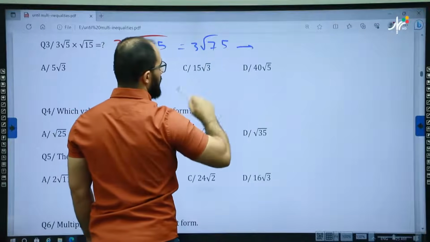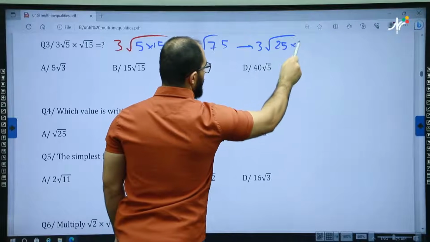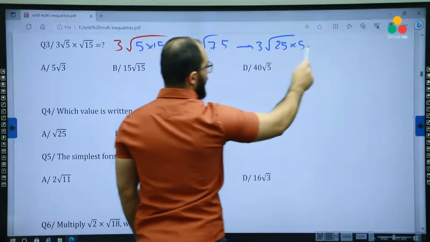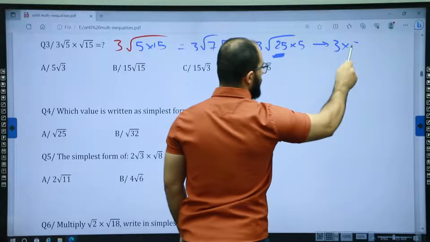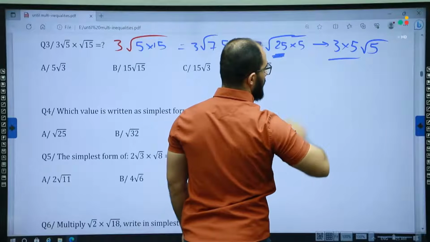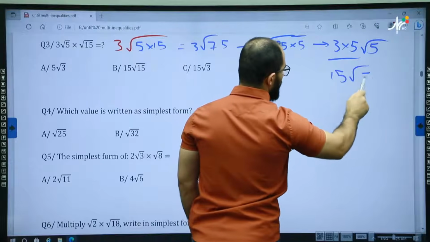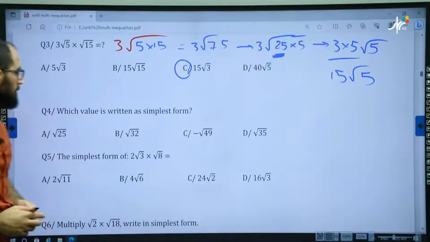And you know that 75 is 25 times 3. And this is going to be 3 times the square root of 25, which is 5. The 3 stays under the square root. 3 times 5 is 15 square root of 3. Then the correct answer is C.